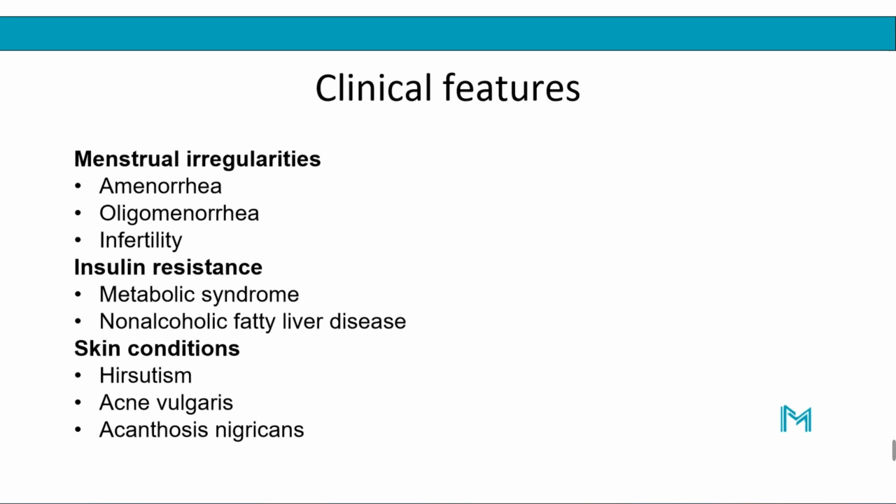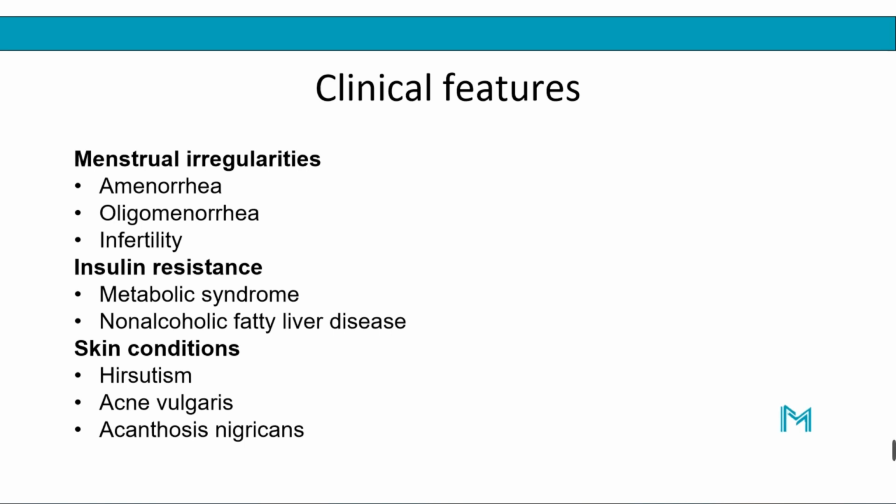And these will manifest clinically with menstrual irregularities, signs of insulin resistance, and other skin conditions. In this case, the skin conditions were what this patient thought to be more worrisome, and that's how come they started from a dermatologist first and subsequently ended up at a gynecologist.